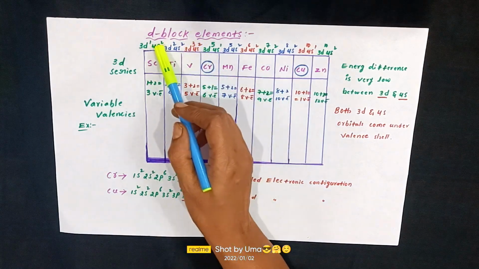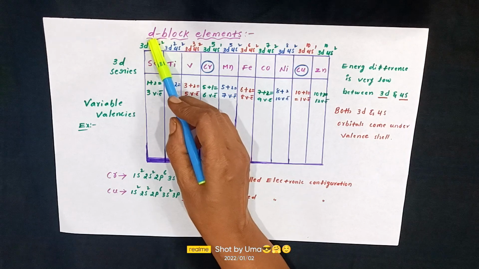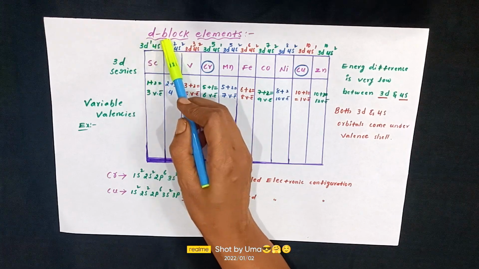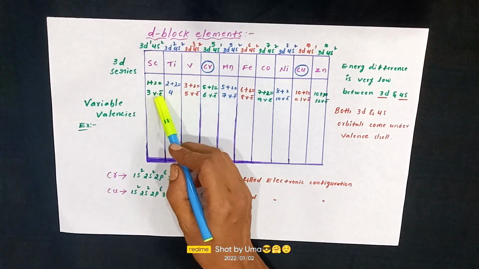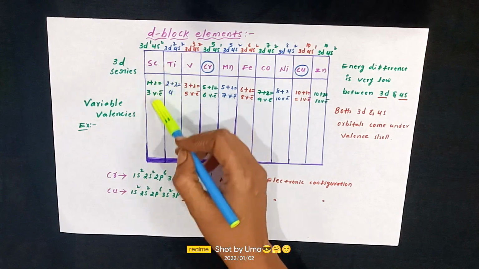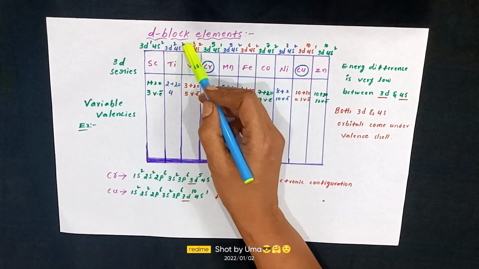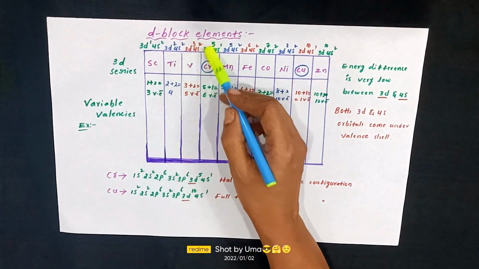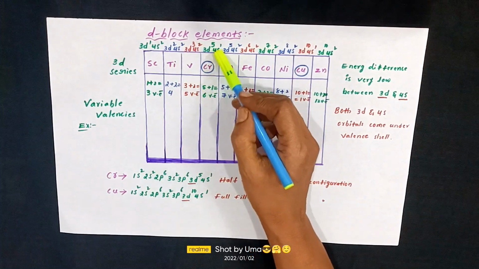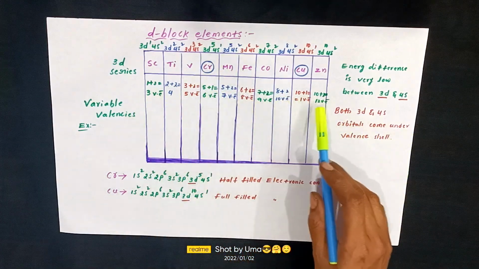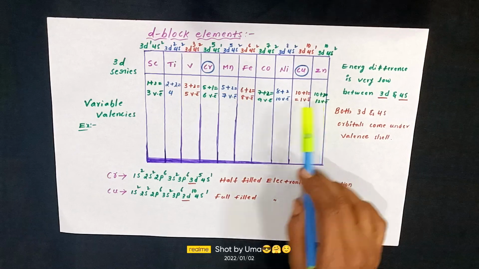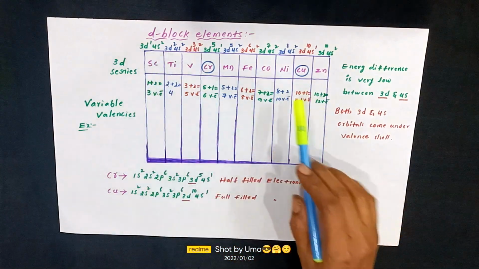So we count the electrons present in D and those present in S, and the total gives the valence electrons. For scandium 3, for titanium 2 plus 2, 4, for vanadium 3 plus 2, 5, and for chromium 5 plus 1, 6, and so on. You get the number of valence electrons present in D as well as the 4s orbital.